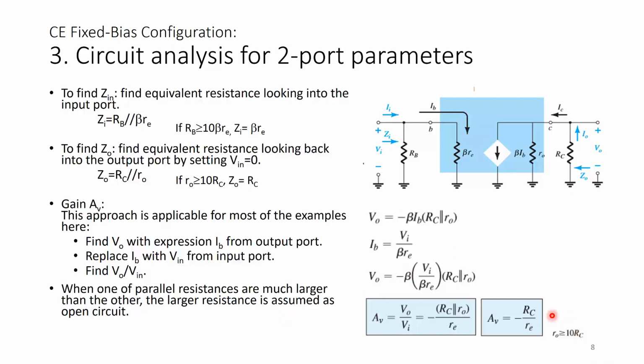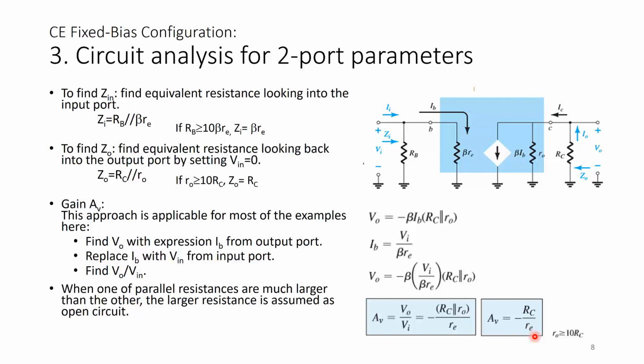So if R out is going to be 10 times bigger than RC, then we can just estimate that RC is not in parallel with any component, it's just going to be with open circuit, so we can ignore R out and it becomes AV is equals to minus RC, the collector resistance, divided by the small signal model parameter RE.